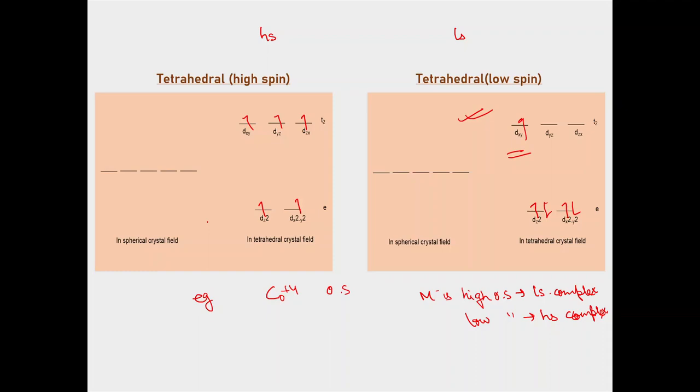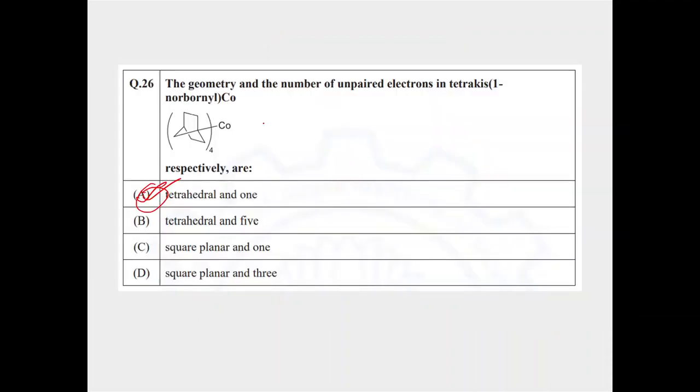For tetrahedral complexes, mostly we see high spin complexes only. We mostly see high spin complexes in tetrahedral because of the high pairing energy required for making a low spin complex. But this example of the tetrakis norbornyl complex is one among the rare examples in which we can see a low spin tetrahedral complex.